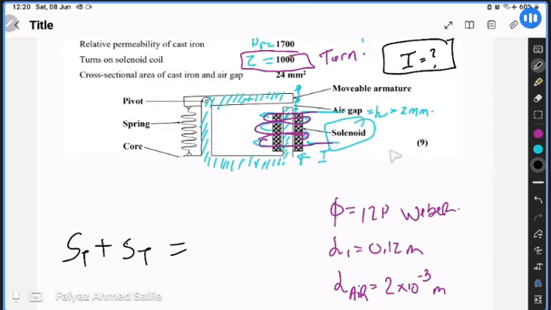Okay, so if you use the second method with the field strength, you are going to use this formula of H, number of windings, I, over the length.